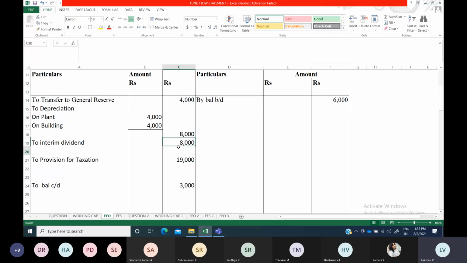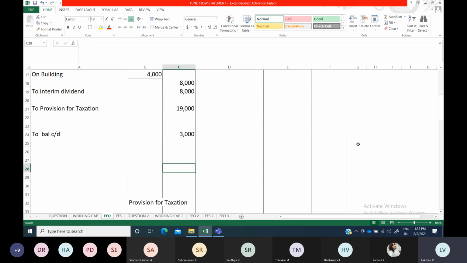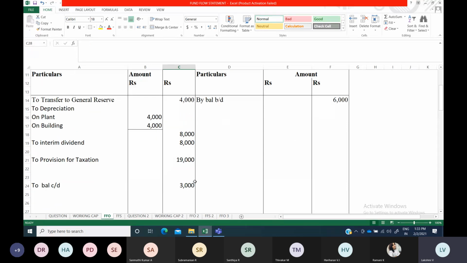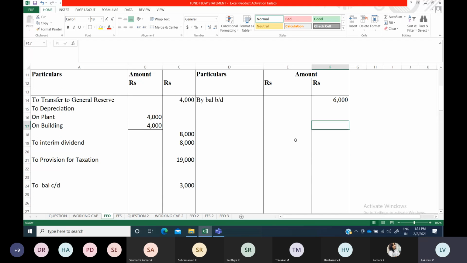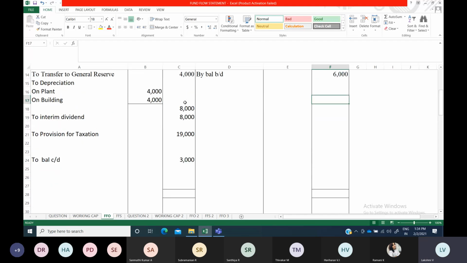4,000 plus 8,000 plus 19,000 plus 3,000, how much you are getting, you find out. So this side obviously will be higher compared to this amount. So that total amount you write on both the sides and you just find out how much you are getting as balancing figure now. Find out this total. 4 plus 8, 12, 12 plus 8, 20, 20 plus 19, 39, 39 plus 3, 42 I am getting.